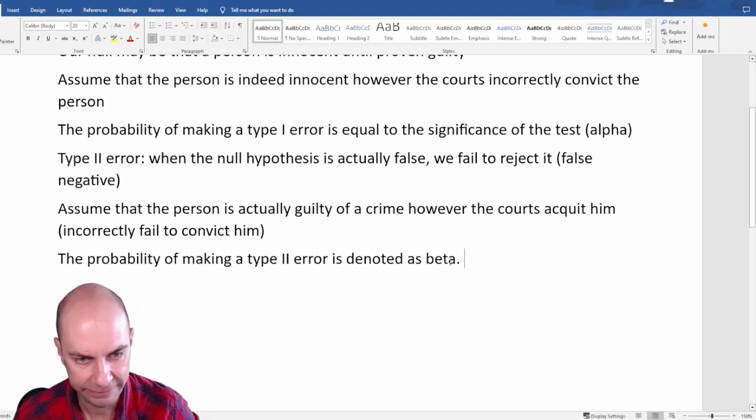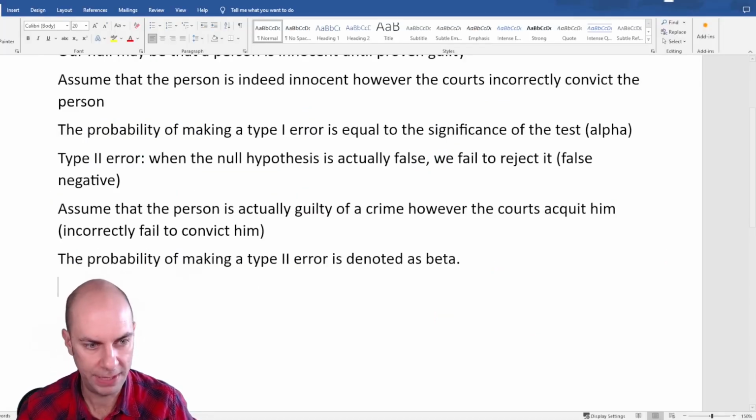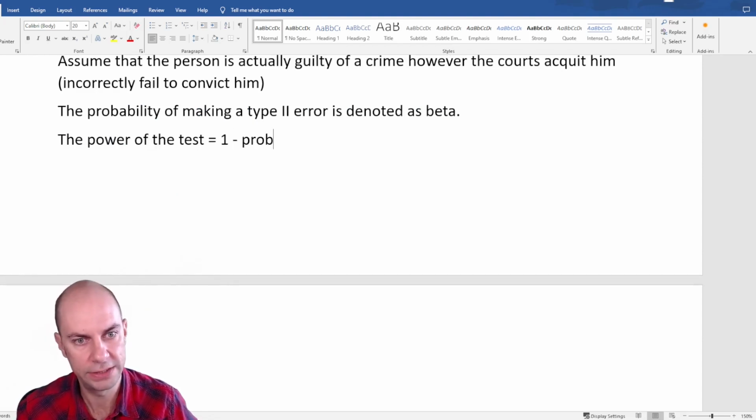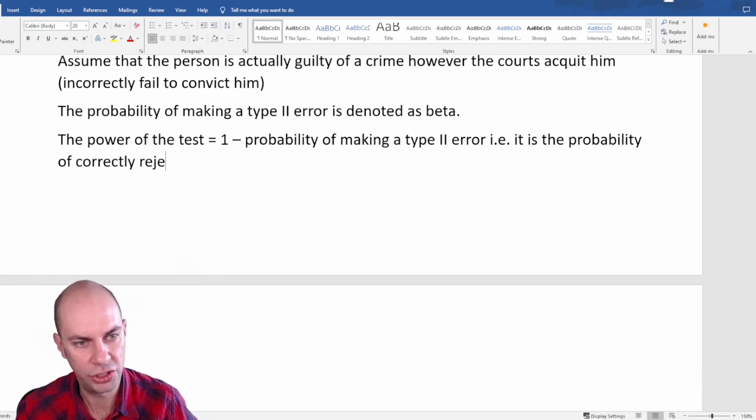The next definition here is the power of the test. So the power of the test is equal to 1 minus the probability of making a type 2 error, i.e., it is the probability of correctly rejecting a false null hypothesis.